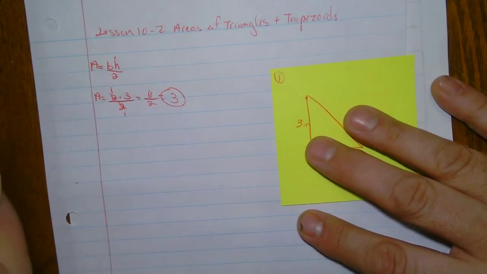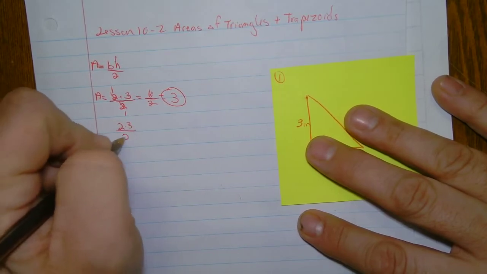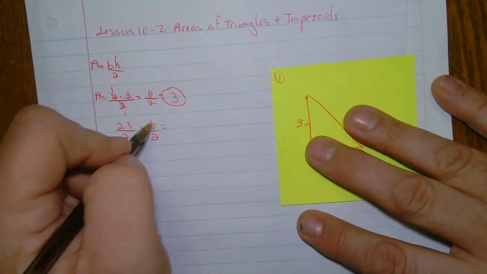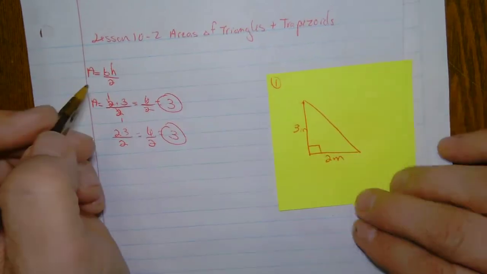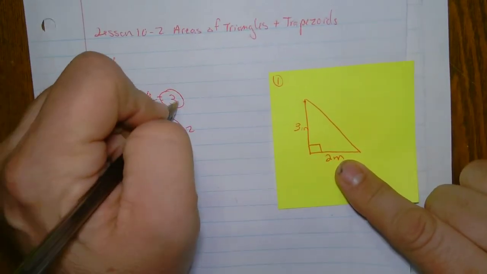But if you just multiply it across, 2 times 3 divided by 2, you get 6 divided by 2, and then 6 divided by 2 is 3, that would work also. Now, that's not just 3, remember. It's 3 meters squared.